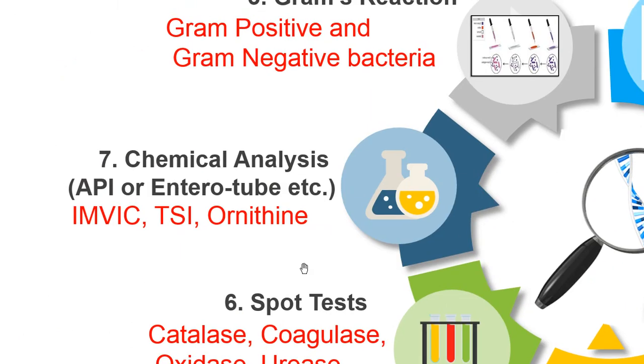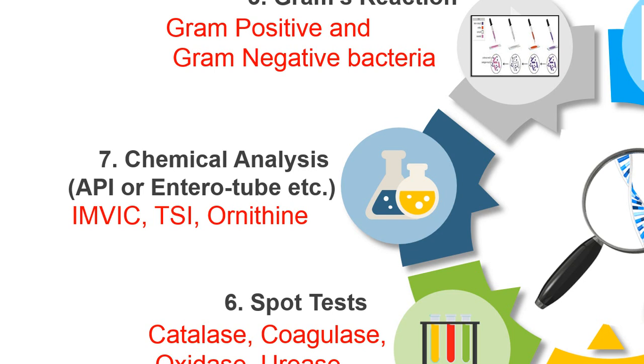Besides these spot tests, we also do other chemical analyses. For example, we look for the utilization of indole and tryptophan, TSI agar, citrate utilization, ornithine, H2S production, etc. All these tests are done by different methods.